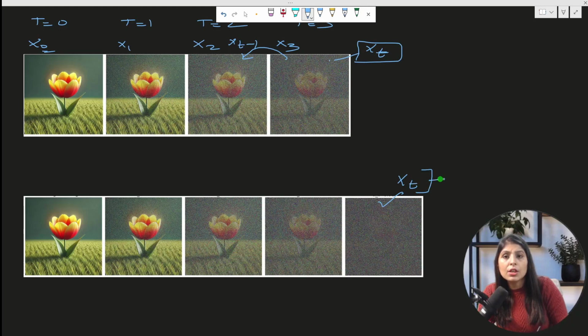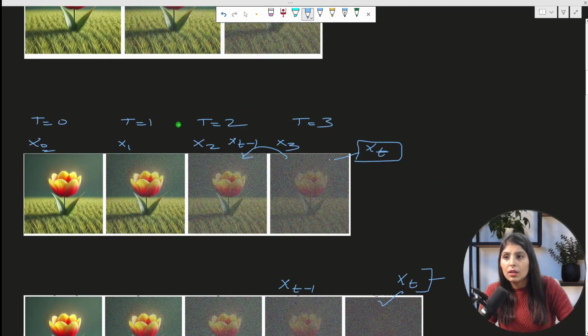Xt means the image which is noisier as compared to the previous time steps. So if we have this image as the last image of the forward diffusion process, this will be xt, means the most noisy image, pure noise, and the image before that will be xt minus 1.